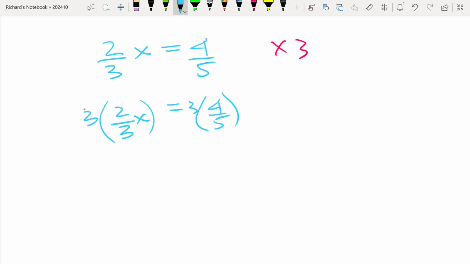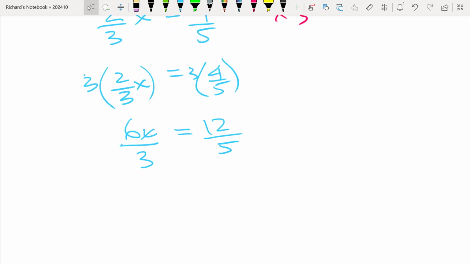So since it's really 2x, it's going to be 3 times 2x is 6x up top. That's divided by 3. 3 times 4 is 12. That's divided by 5. The fraction 6x over 3 reduces to 2x because 6 divided by 3 is 2.